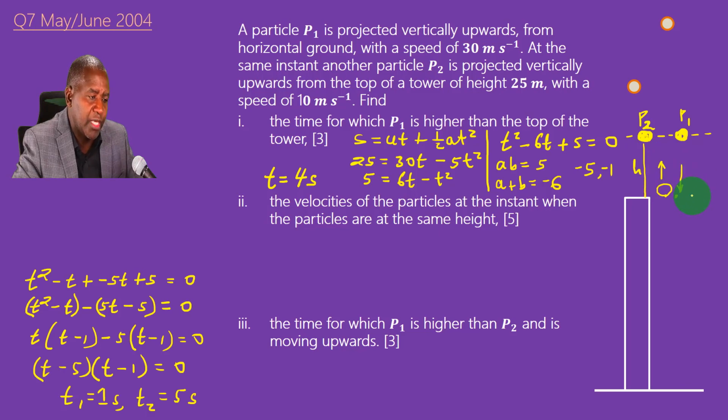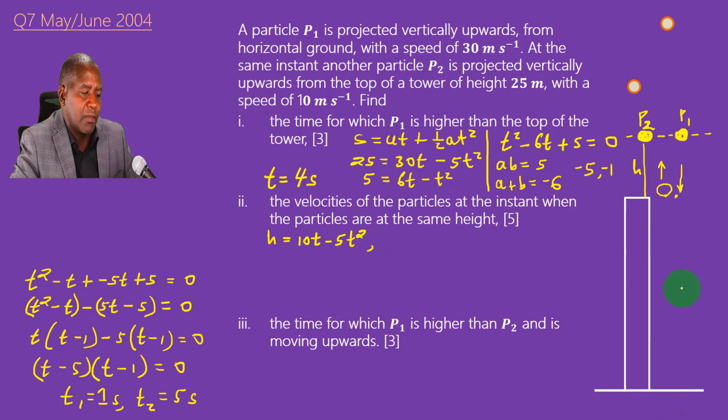So for particle P2, for it to cover displacement h, I'm going to say S, which is h, is equal to ut. It was fired upwards with an initial speed of 10, so 10t minus, of course, 5t squared.